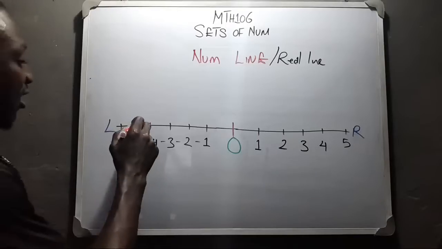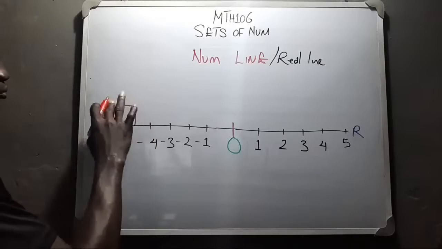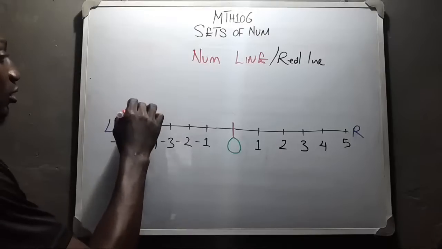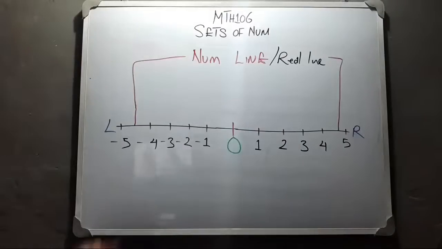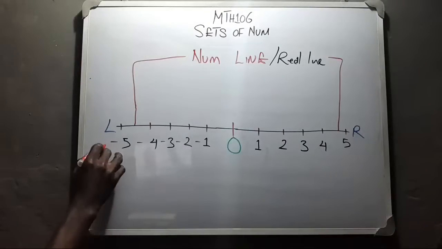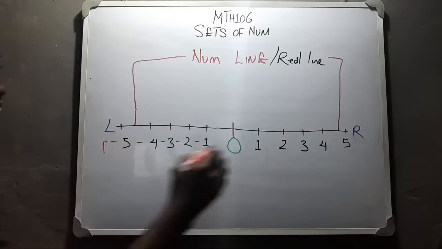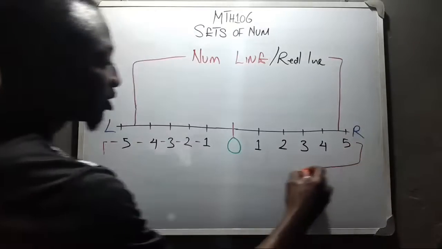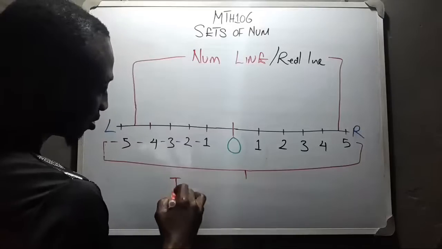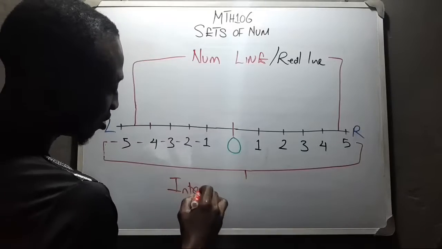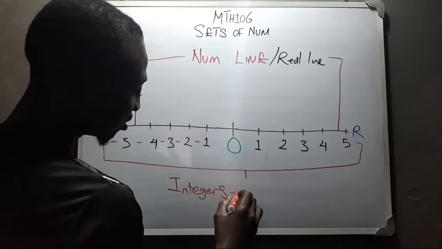Now this is the number line. All of this is referred to as integers.